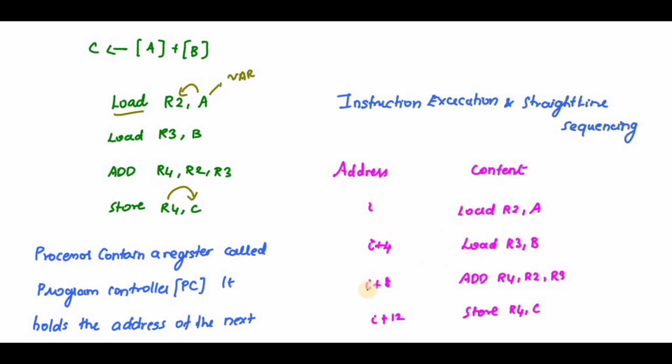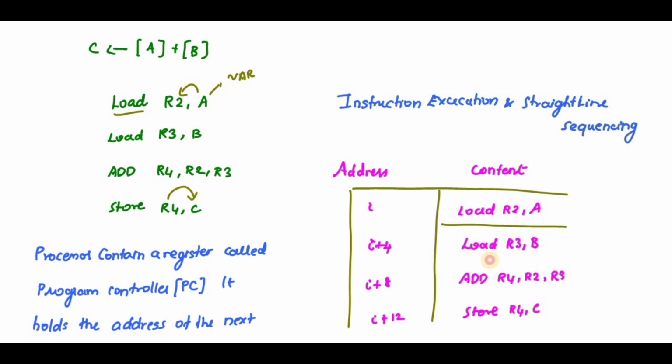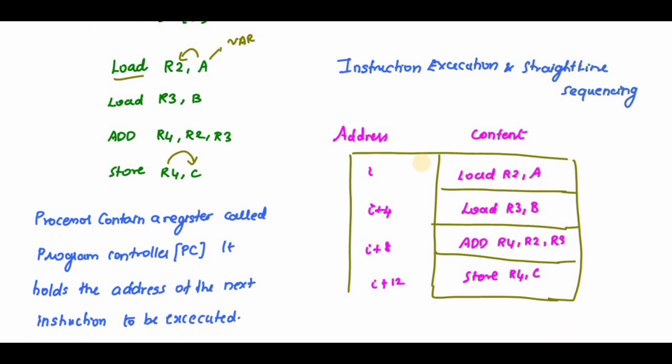Then at I plus 8, add R4, R2 and R3. Okay, so it will be stored like this in the memory. So this is the content present in the memory, and this is the address of the location, right?